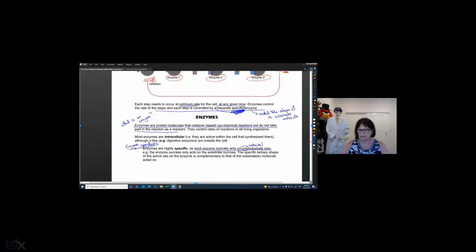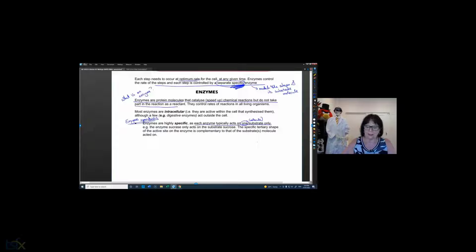The reason is because of their shape. And an enzyme is a protein which was made as a primary structure. It then got folded into helices and beta pleated sheets, which was secondary structure, just like all proteins do. Then it went into the three-dimensional tertiary structure.